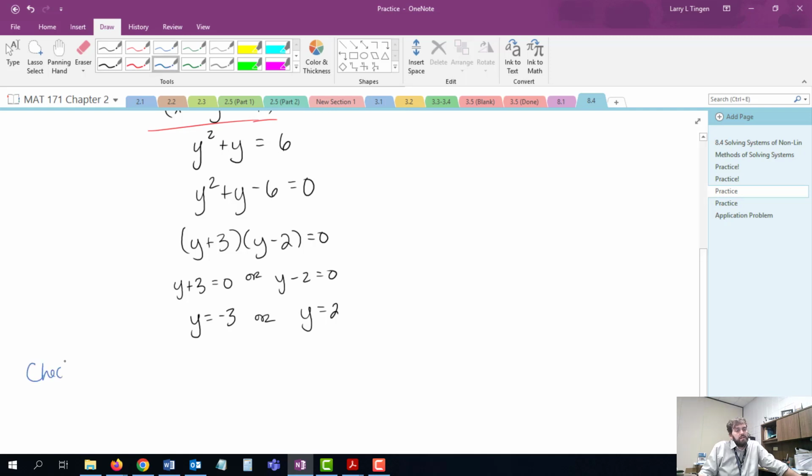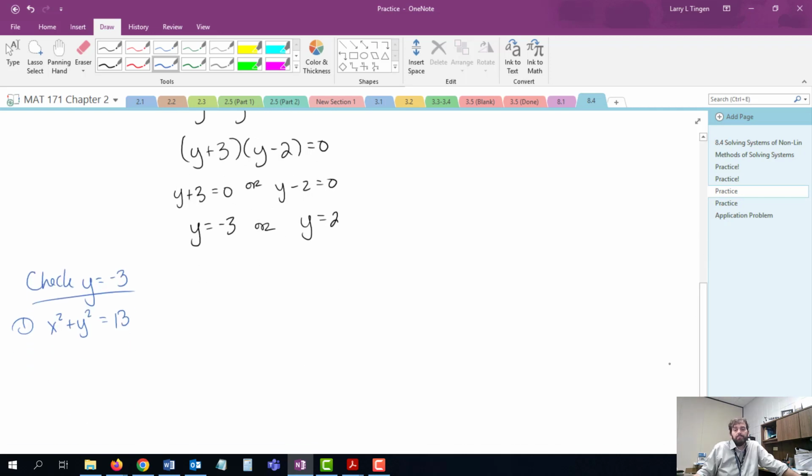So let's check -3 for y into equation 1. Equation 1 says x squared plus y squared equals 13. Swap out the y for -3. Now I'm just going to jump ahead 2 steps. -3 times -3 is +9.